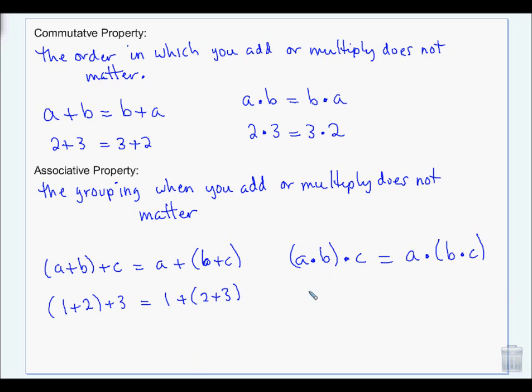Or if I do the same thing with multiplication, this gives me 2 times 3, which is 6, gives me 1 times 6, which is 6. So it doesn't matter what we group. But you'll notice that the only thing that moved is the parentheses. Everything stayed in the same order. So associative moves parentheses, commutative changes the order.